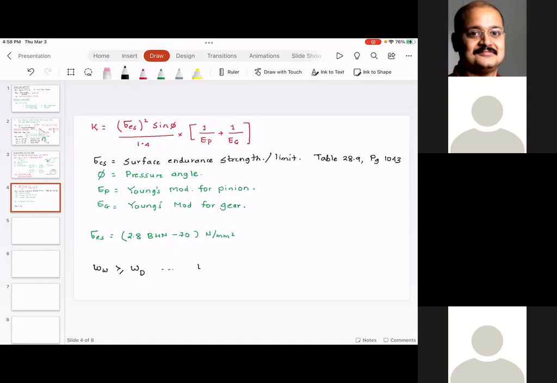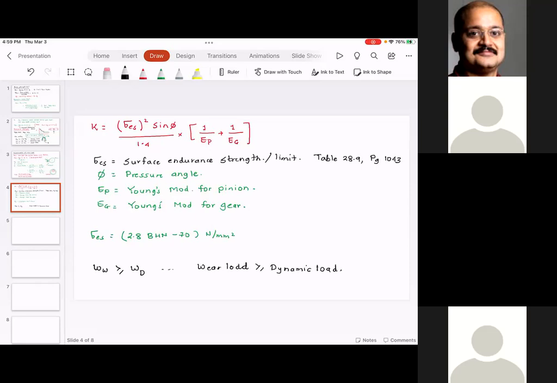In other words, wear load has to be greater than or equal to dynamic load. Are you with me so far? This is the basic gear design process.